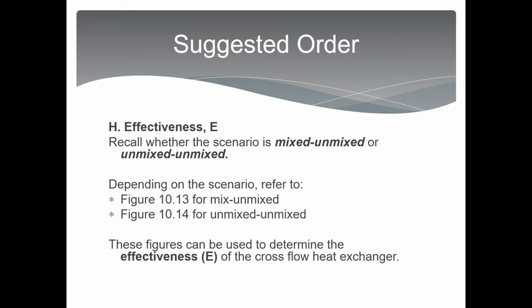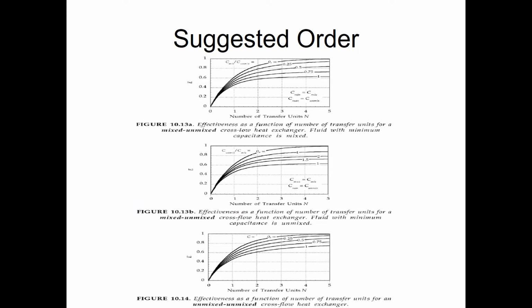The effectiveness is determined using the overall capacitance and the number of transfer units. With these two variables, the effectiveness E can be found with figure 10.13 for mixed unmixed and figure 10.14 for unmixed unmixed. Here are figures 10.13 and 10.14.